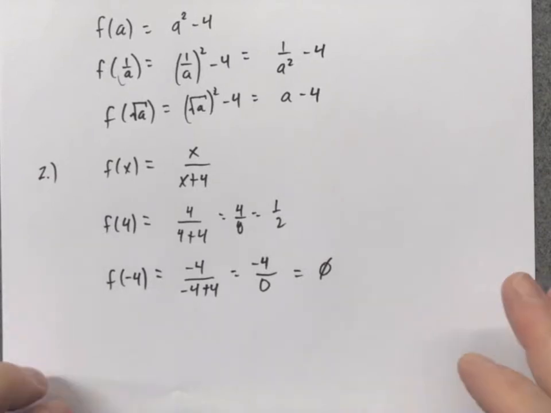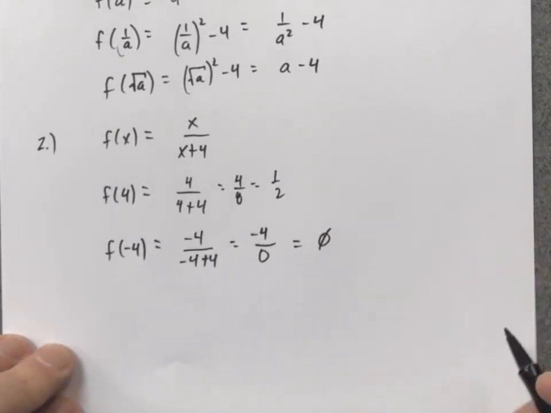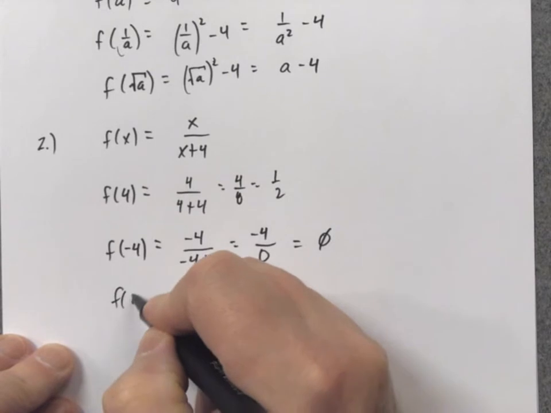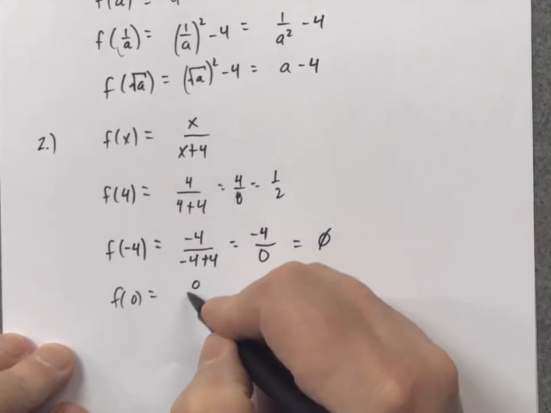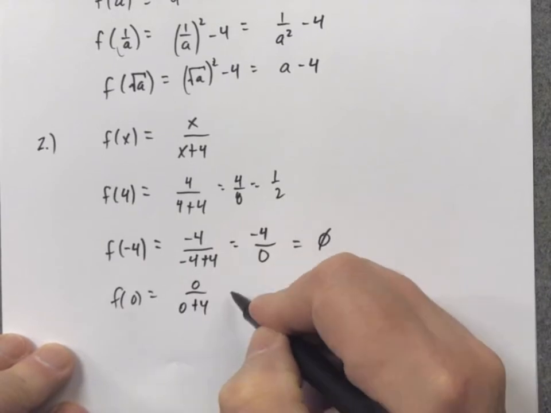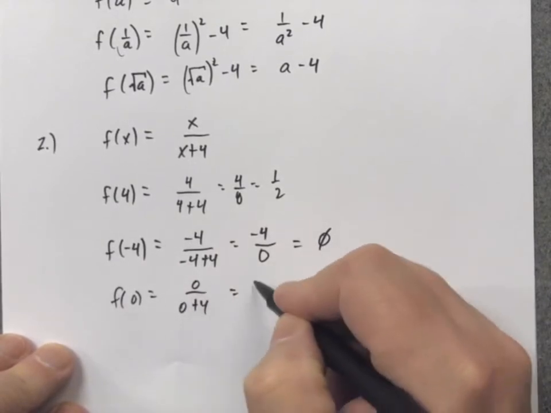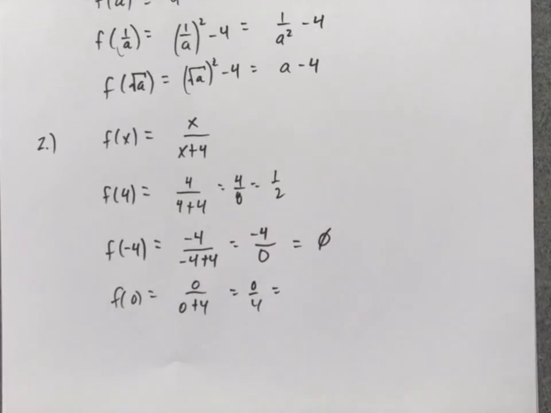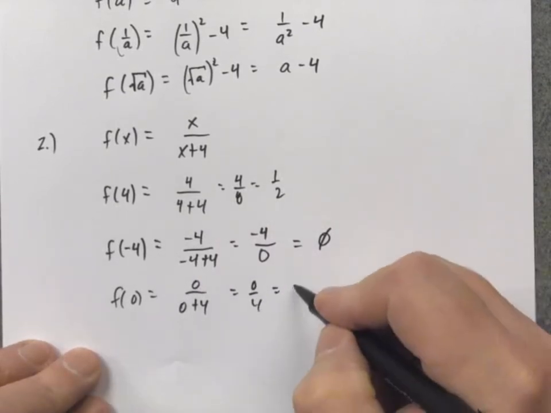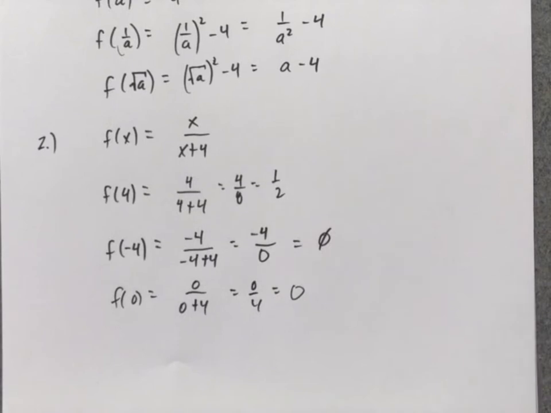No solution, or undefined. So the rest of these, f of 0, so 0 over 0 plus 4, so 0 over 4. Now, because the 0 is in the numerator, that's okay. 0 divided by 4 is just 0, so that would be the answer.